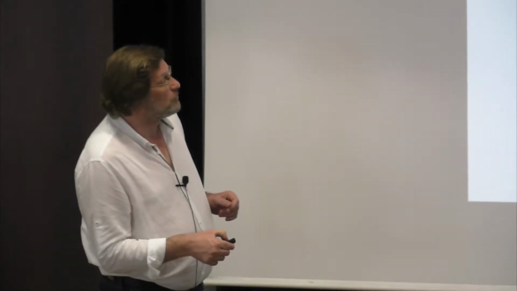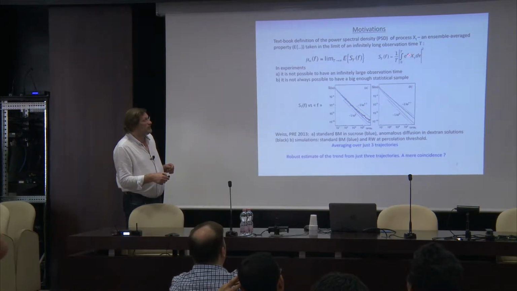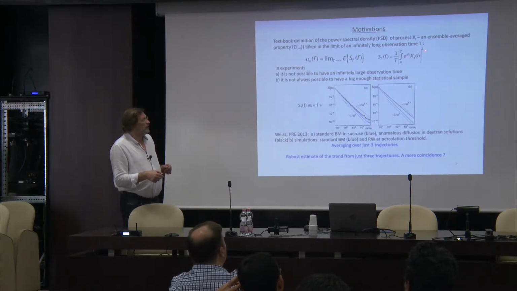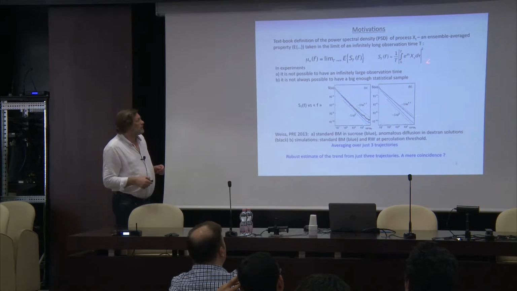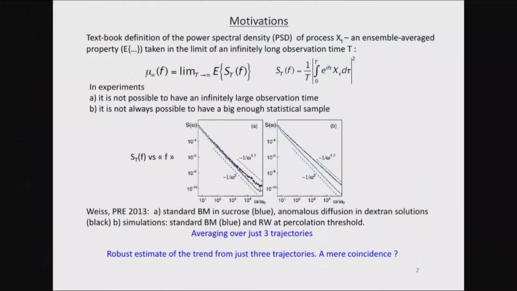So you integrate from 0 to t, with the exponential of i f t, f being frequency, i being the square root of -1, times our stochastic process. Then after integrating, you take the absolute value, square it, then you average over many realizations, and presumably also go to the limit of observation time or integration time equal to infinity.